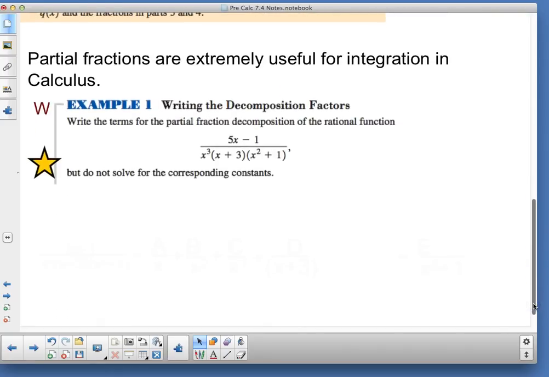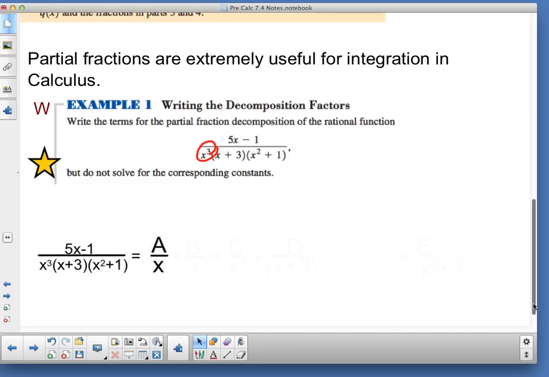Our first thing is writing the decomposition factors, right? The terms of the partial fraction decomposition for the rational function. Now, when I have repetitive factors, I have to write it just as many times to represent that factor. So when I'm doing this, 5x minus 1 divided by x cubed, x plus 3, x squared plus 1 is going to be written, first of all, I'm going to pay attention to that x cubed part.